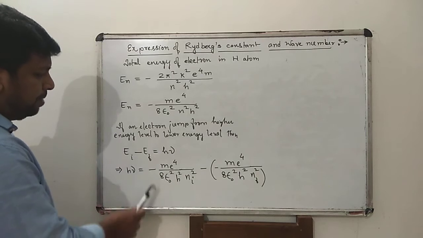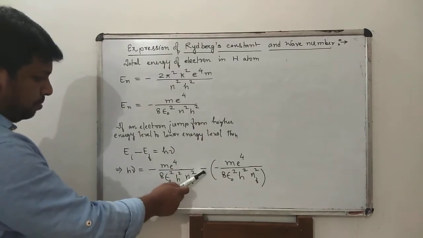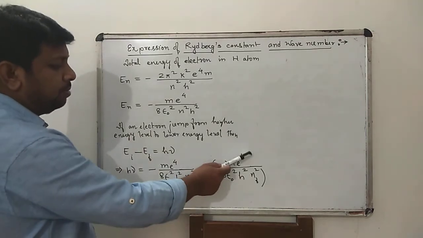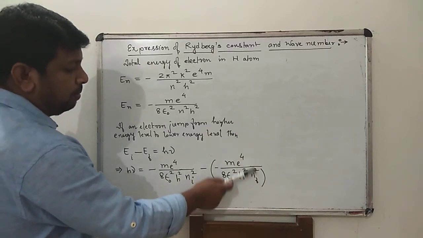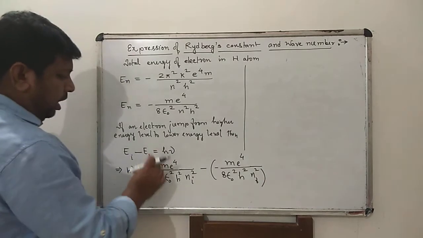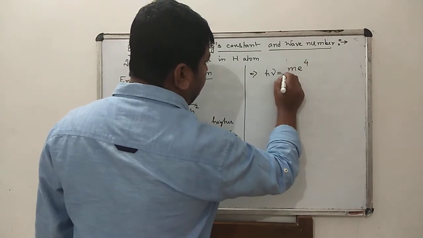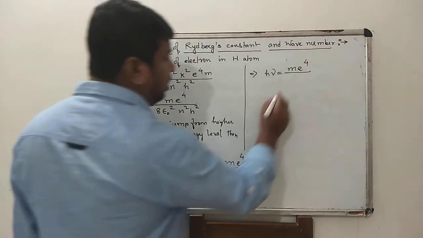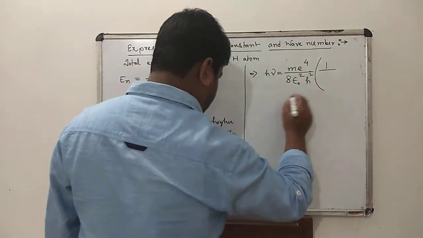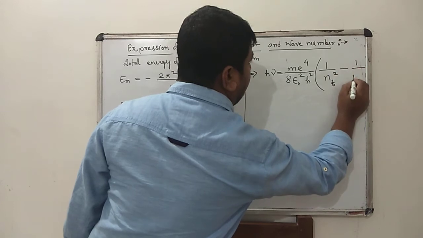So h nu equals m e to the power 4 divided by 8 epsilon naught square h square into ni square, minus the corresponding term with a negative sign for nf square. Here h square is constant, so we get 1 by nf square minus 1 by ni square.